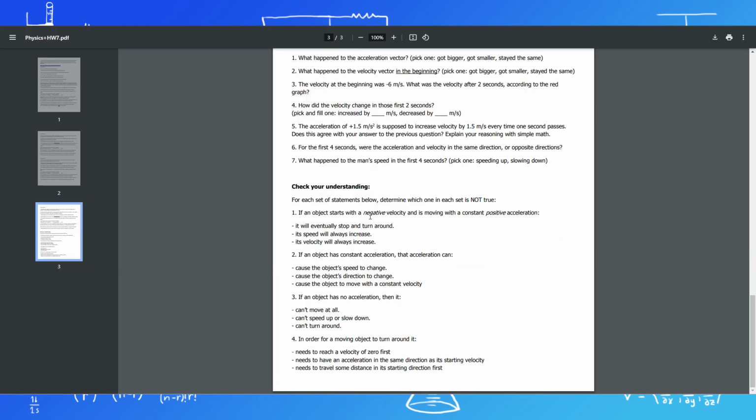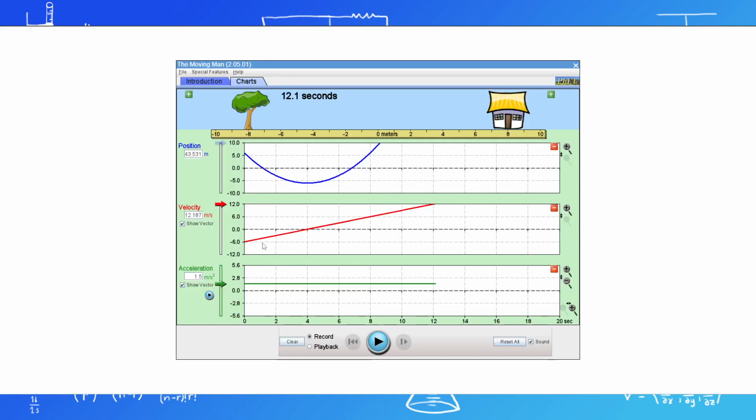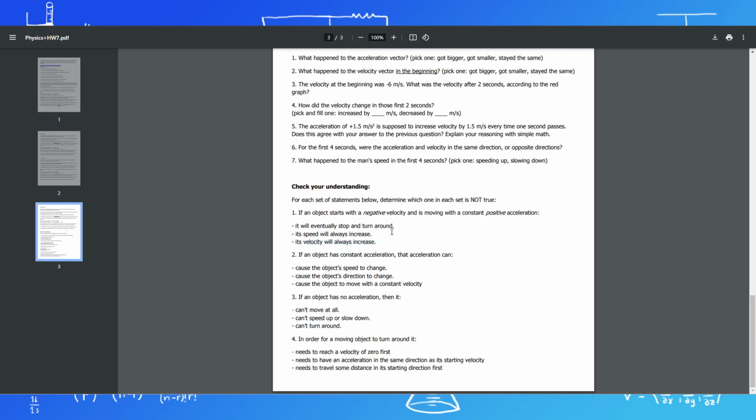So, if an object starts with a negative velocity or leftward velocity and is moving with a constant positive rightward acceleration, it's true that it will eventually stop and turn around, and it's true that its velocity will always increase. We saw that red graph. It's always going up. It starts negative and becomes less negative, it crosses 0, and it just keeps going up from there. So those two are true.